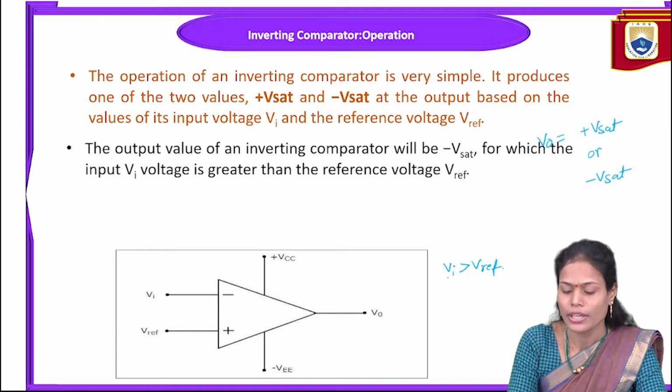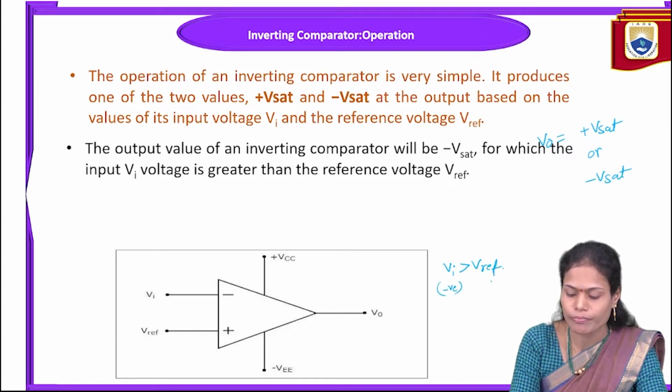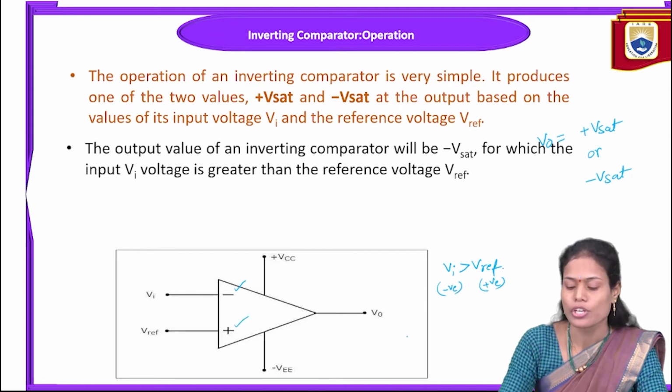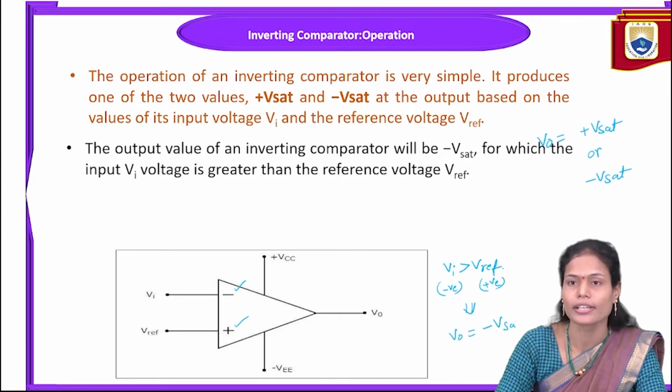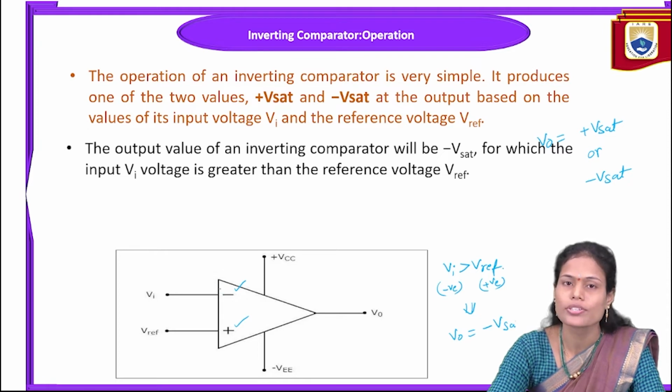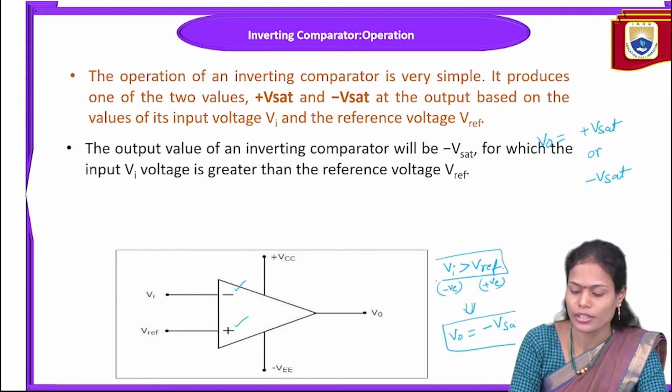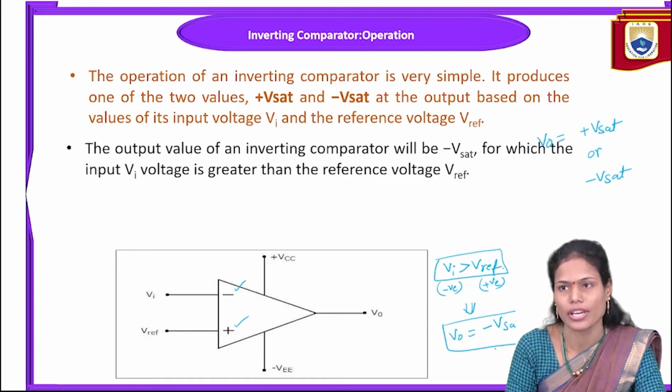Here Vi is a negative value and V reference is a positive value. Why? Because Vi is connected to the inverting terminal and V reference is connected to the non-inverting terminal. So in this case, what is my output voltage? Vo is equal to minus V saturation. Why? Because the negative voltage is greater than the positive voltage, so my output for this particular condition is minus V saturation.